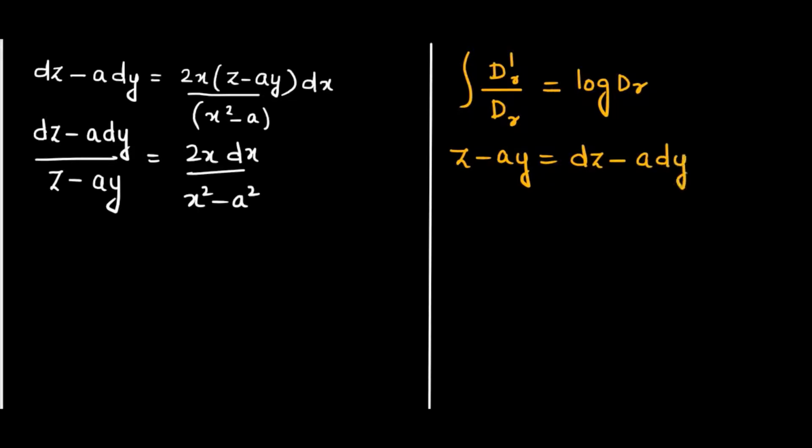Thus we are getting the numerator. That is the reason we are applying this rule here. Even in the right hand side we can apply the same rule. If you are differentiating the denominator, say x square minus a square, the differentiation will be 2x dx. We are getting the numerator. Thus we can apply this formula for both left hand side as well as right hand side.